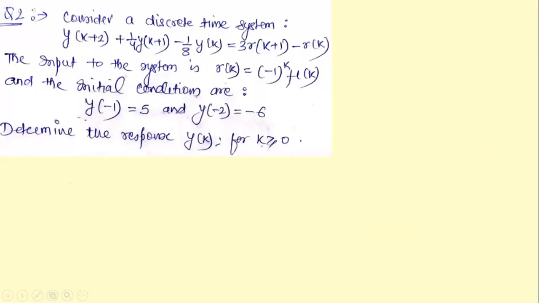So now we have one more numerical, as you can see here. In this particular numerical also, the statement has been given. In this statement, we have an equation which represents a discrete time system, but it has all the advanced samples, right?